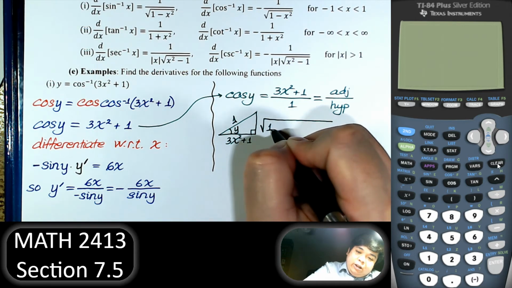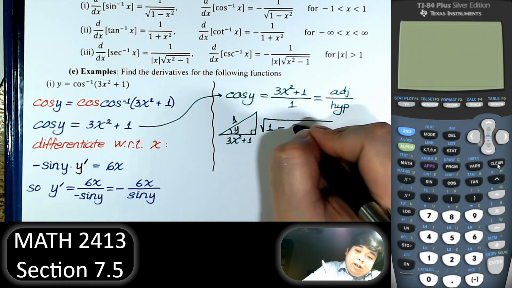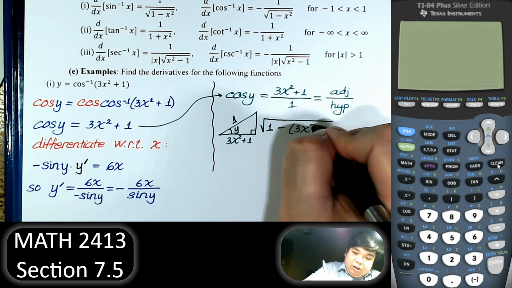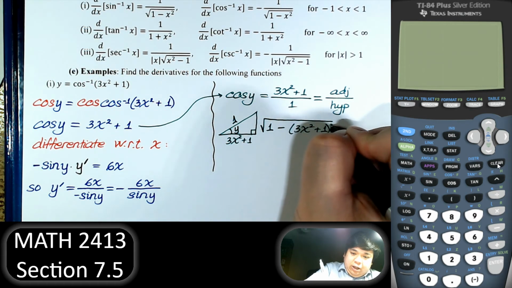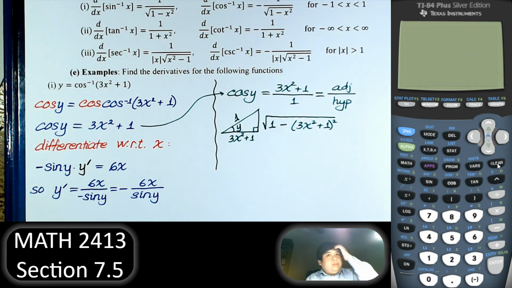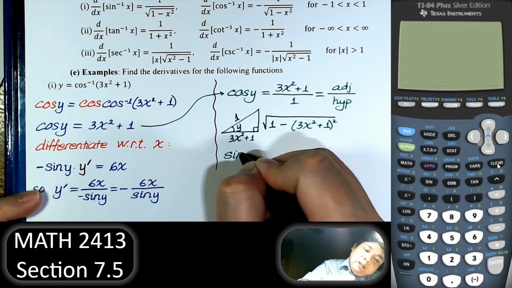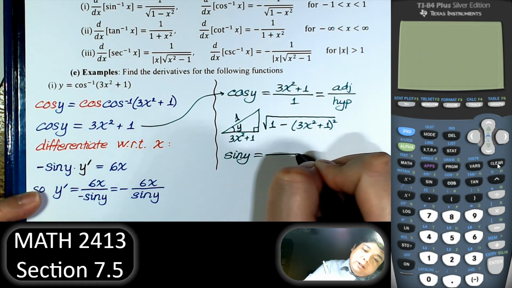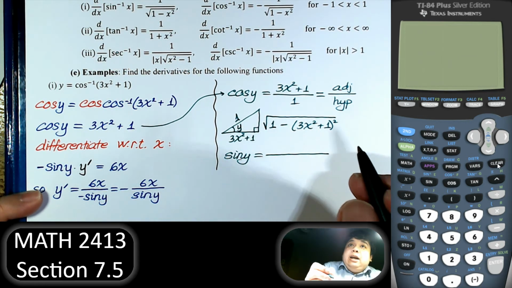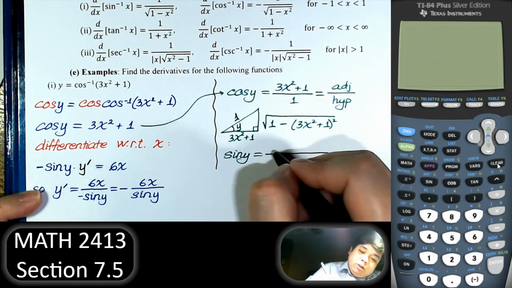Hypotenuse squared is 1, so the opposite is the square root of 1 minus 3x squared plus 1, squared. And finally, sine y is opposite over hypotenuse.